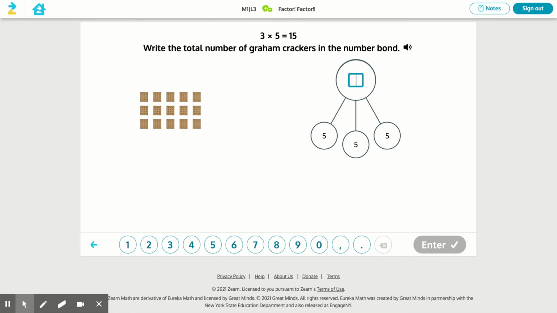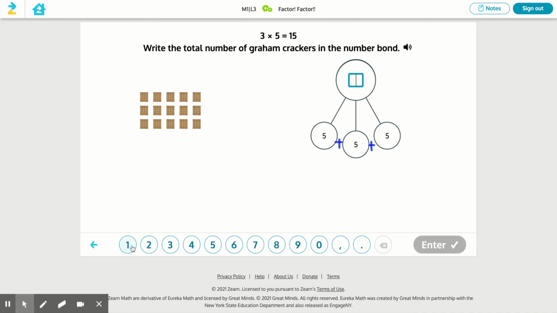Finally, we've got to do the total number of graham crackers. Remember, I told you, number bonds are just a model for repeated addition. So 5 plus 5 plus 5. What number goes in the total portion of our number bond? Answer in the Nearpod now.